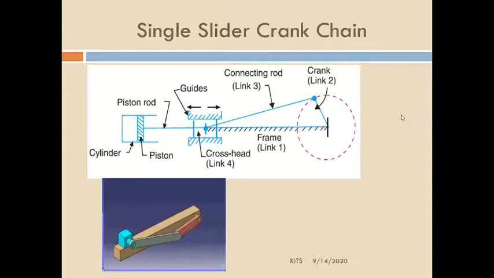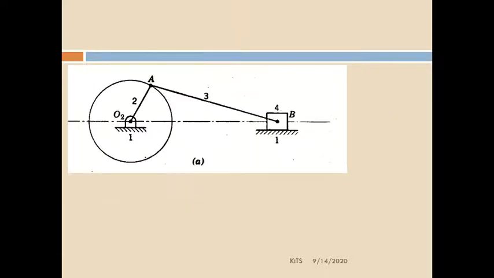Inversion process means fixing some other link as the fixed link instead of the original fixed link. Otherwise, changing the shape of a link, or including or removing a link from the mechanism, is also called inversion. So this is a single slider crank chain mechanism. Instead of fixing link 1, if we fix link 2, that is an inversion. If we fix link 3, that is also called an inversion.